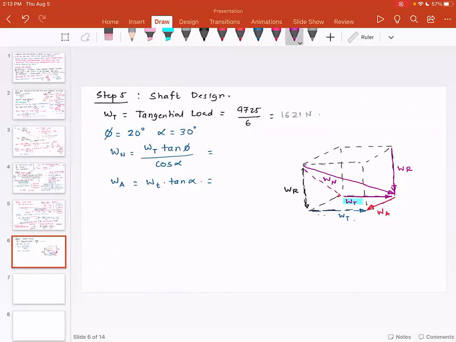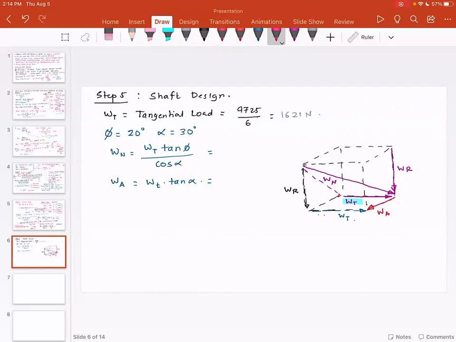And then when you divide that by cosine alpha, that gives you the component in the other plane. I would encourage you to convince yourself and then substitute the values for Wt, cosine alpha and tan phi. And with that, we should be able to find out the values of Wn and Wa.